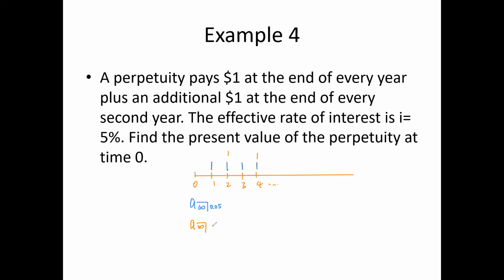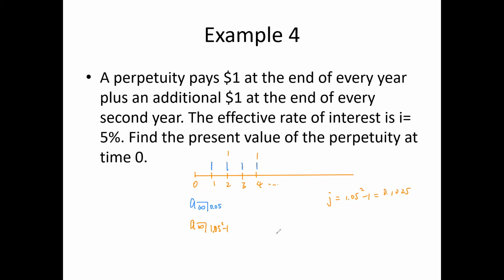Then we can work with the additional $1, which is a sub infinity angle j, not 0.05 anymore. j is 1.05 squared minus 1. This is our j for 2 years, the effective rate for 2 years. So j equals 1.05 squared minus 1, that equals 0.1025. And then we add them up.